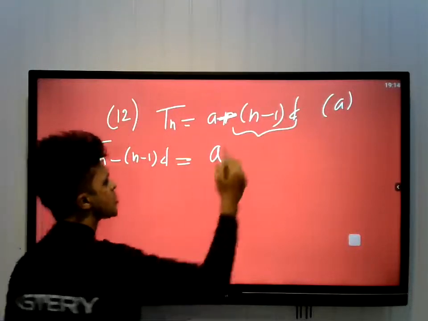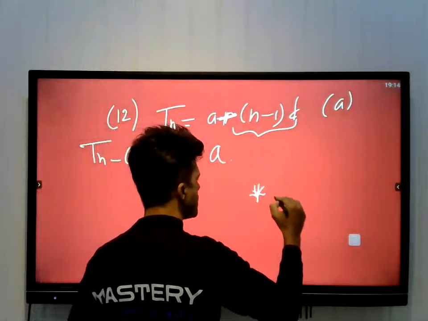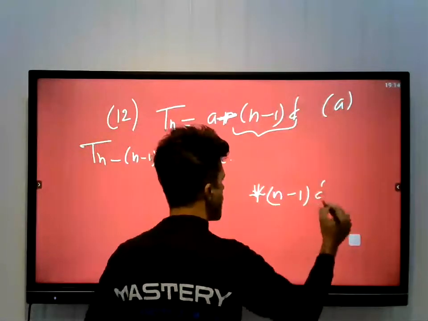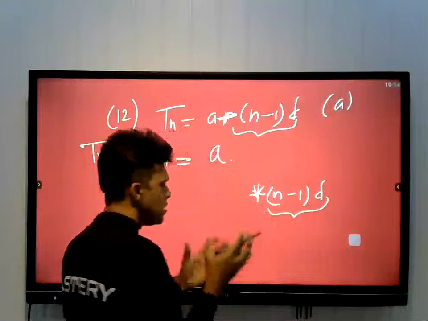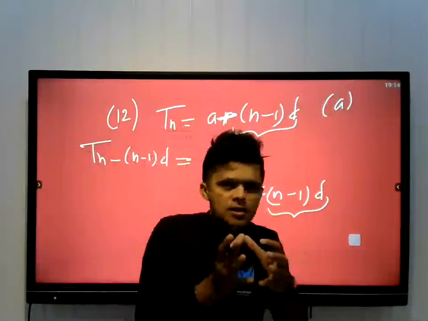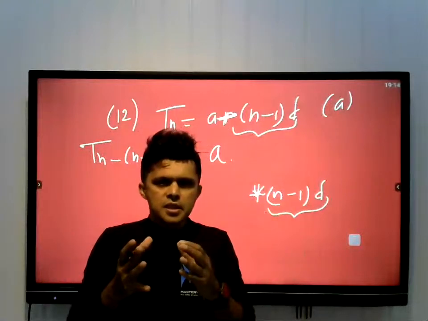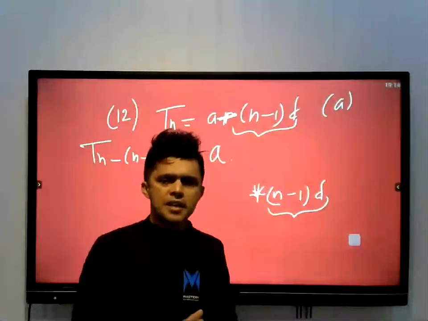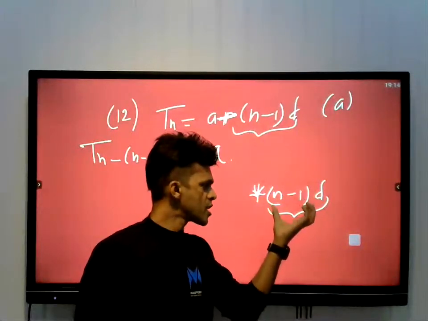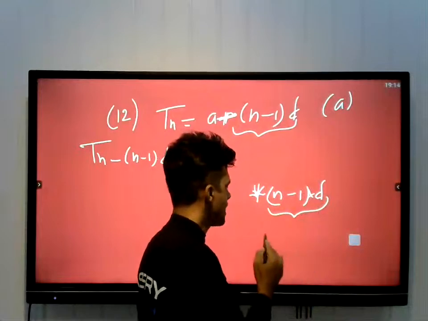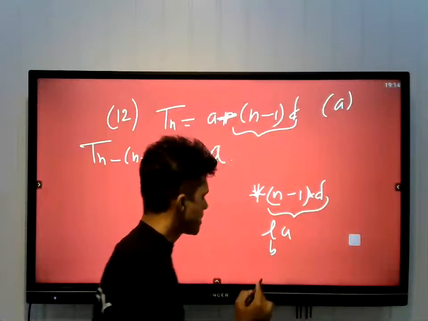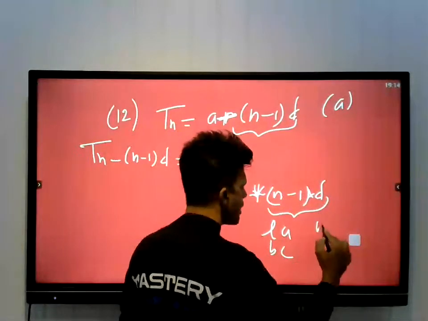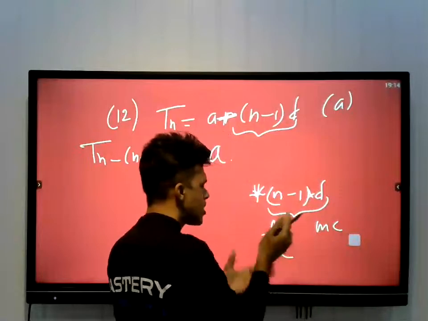Tn minus, this whole segment can be brought to this side. The reason you know that n minus 1 times d can be moved as a whole is that here is a product. These terms can be multiplied. So here is a product of n minus 1 and d, just like LA, just like BC.